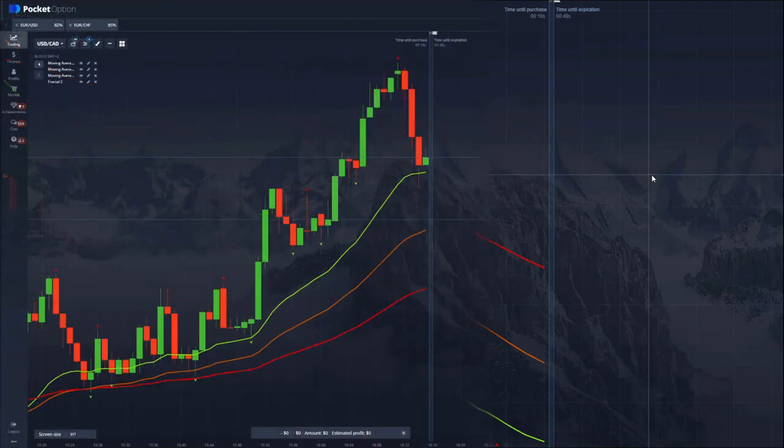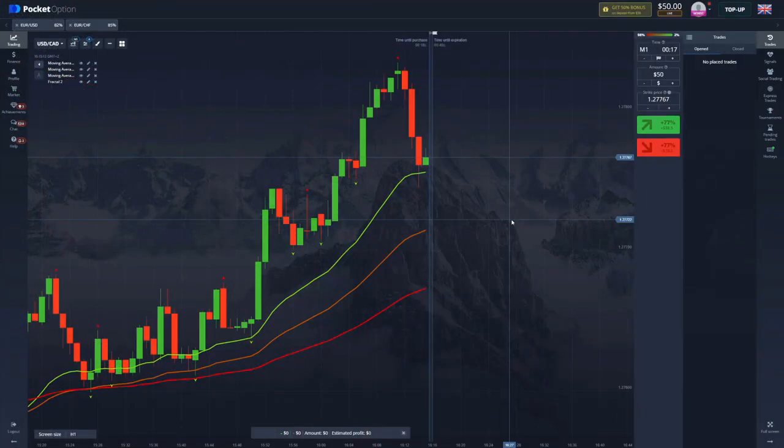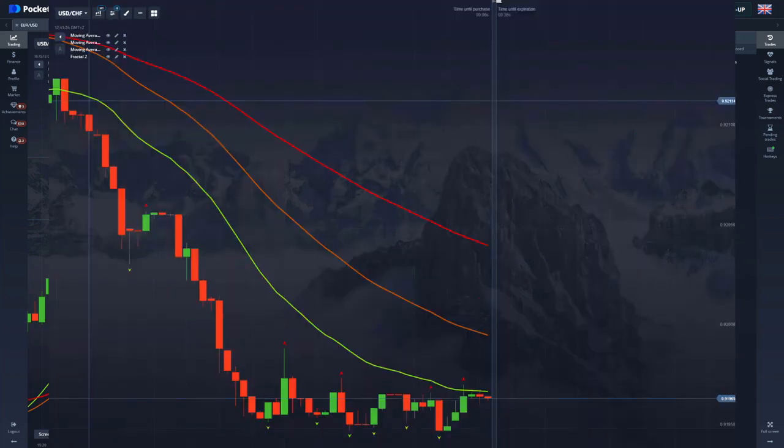There are a few rules to trading using this strategy, and those rules are: you only buy when the 25 EMA is above the 50 EMA and the 50 EMA is above the 100 EMA. And the opposite, you only sell if the 25 EMA is below the 50 and the 50 is below the 100.